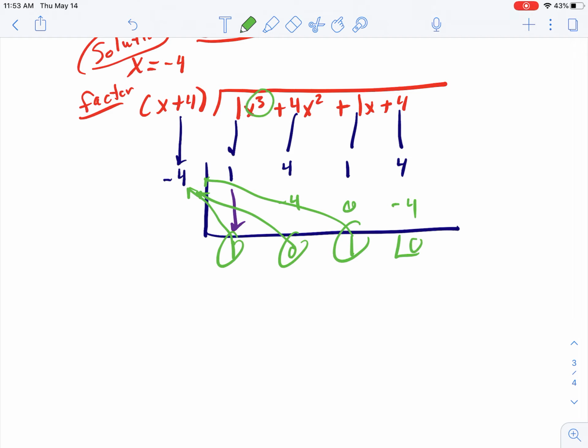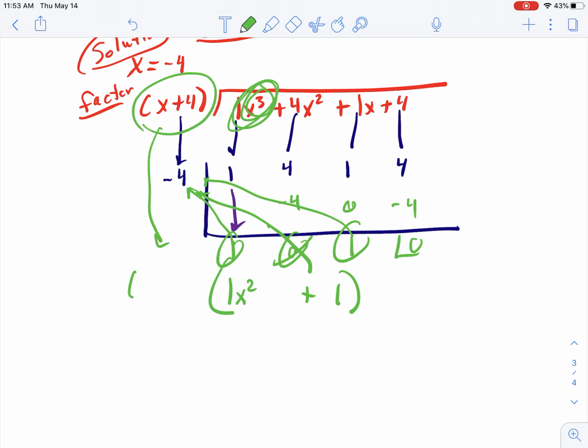All right, so we reduce down by 1. So instead of cubed, it's now 1x squared, there are no x's here, plus 1. And then my other factor here is x plus 4.